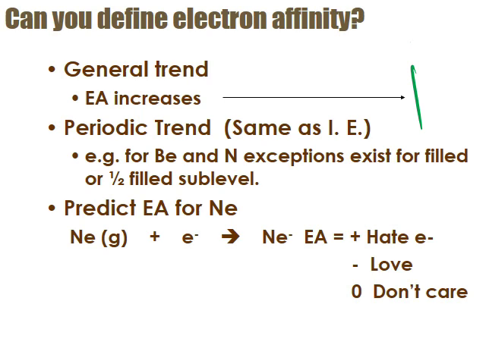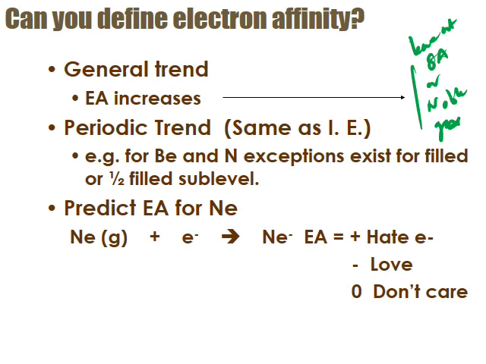So leave out the 8A elements, the noble gases, because they don't follow this trend. As I just mentioned, noble gases don't like to grab any more electrons because they're happy with their electron configurations.